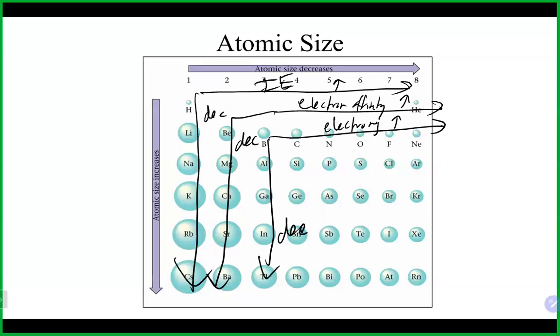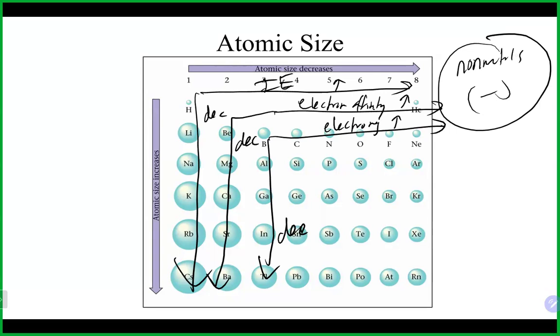So all of these things together, as we go up and right on the periodic table, we have the overall size is really small, which means they want to hold on to electrons pretty much. They also have very high electron affinity, which means they do hold on to those electrons and actually like to gain electrons. And they have high electronegativity, which means they like to bring electrons to themselves. And again, as we talked about, that's really why our nonmetals we typically think about as being negative and gaining electrons.